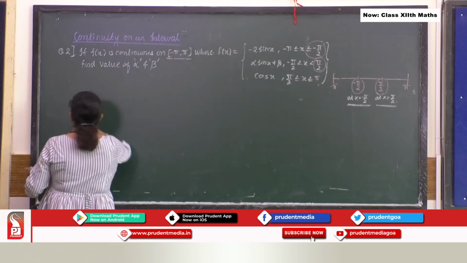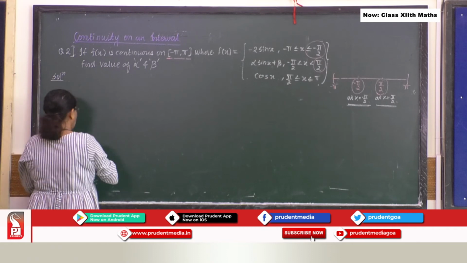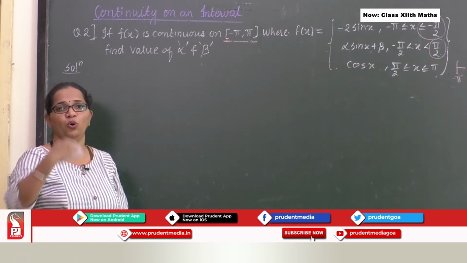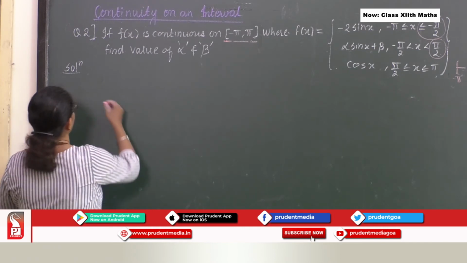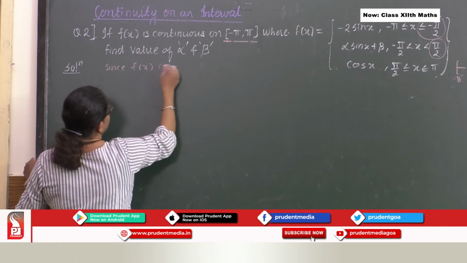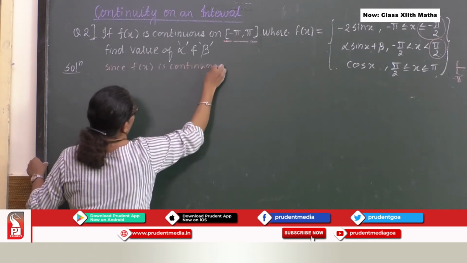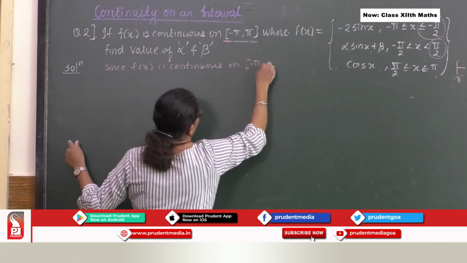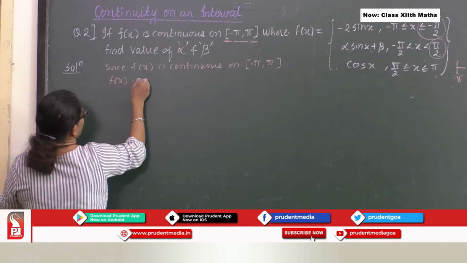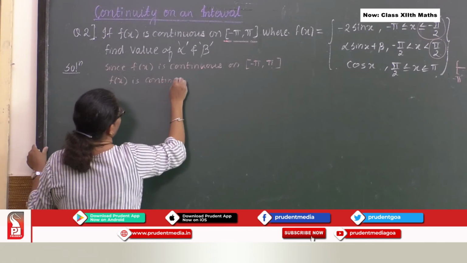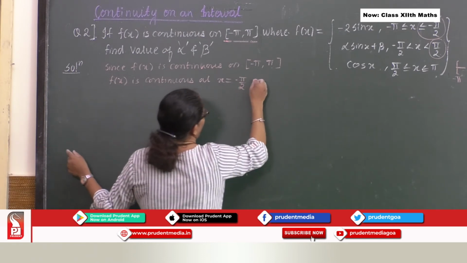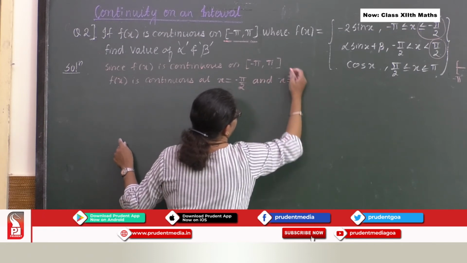Let's proceed further, like how I was writing before. Your language writing part is also important: how you start with the flow, how you logically put statements. So when I proceed I say, since f of x is continuous on minus pi to pi, this is what is given to me. f of x is continuous at x equal to minus pi by 2 and x equal to pi by 2.